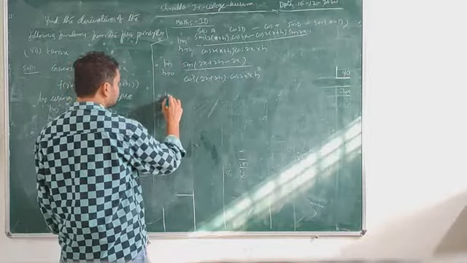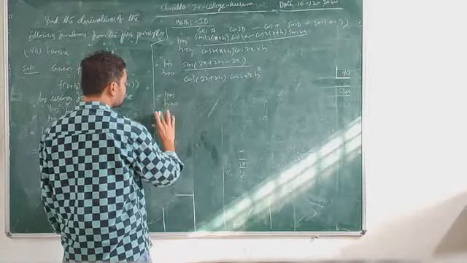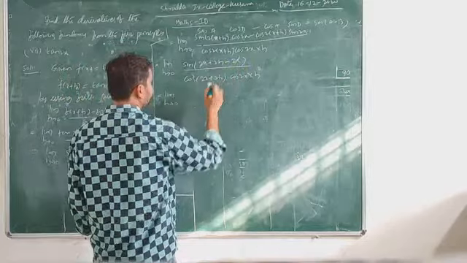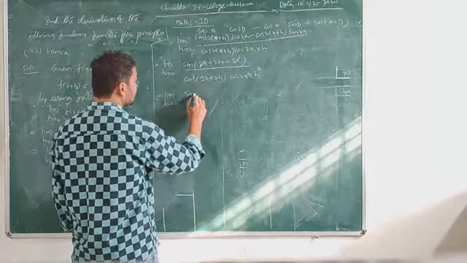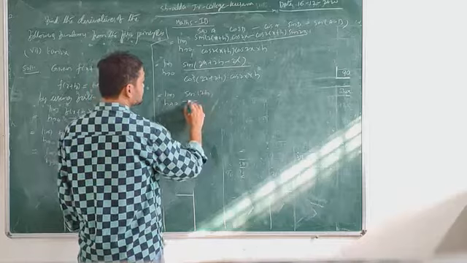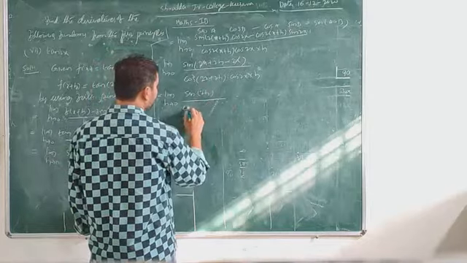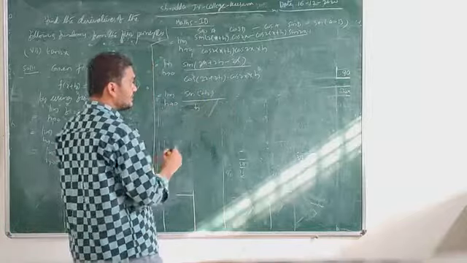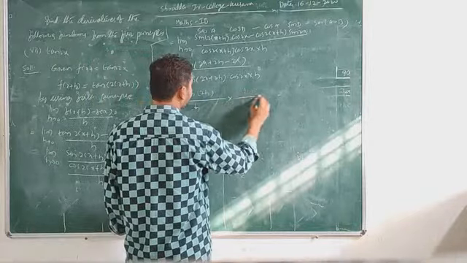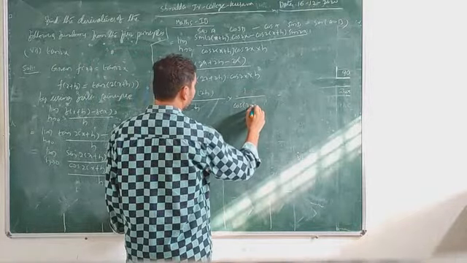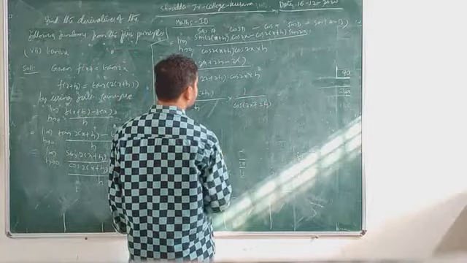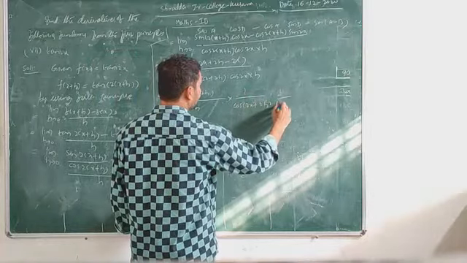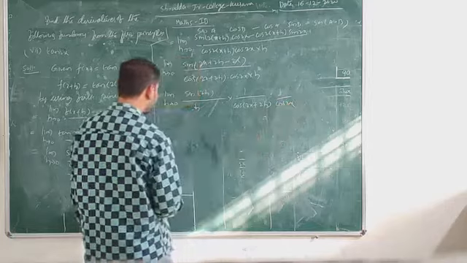Now see here, limit h tends to 0. Plus 2x minus 2x gets cancelled. Then sin 2h by h. Now sin 2h by h we are writing into 1 by cos of 2x plus 2h into 1 by cos 2x.